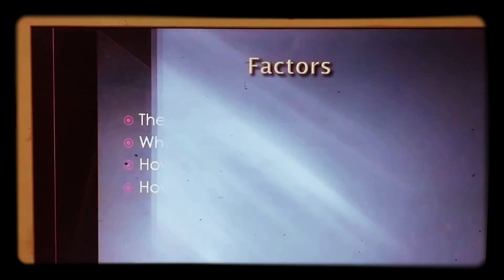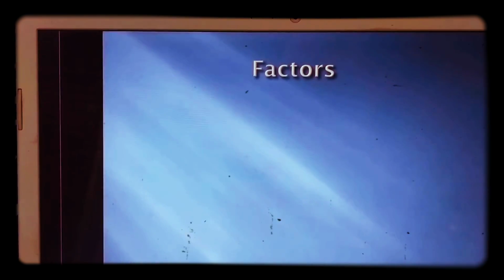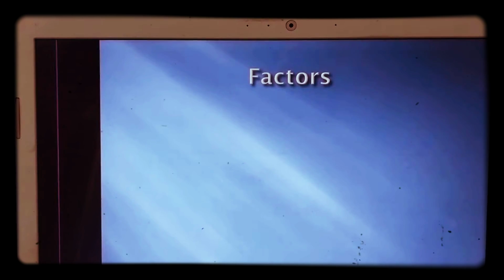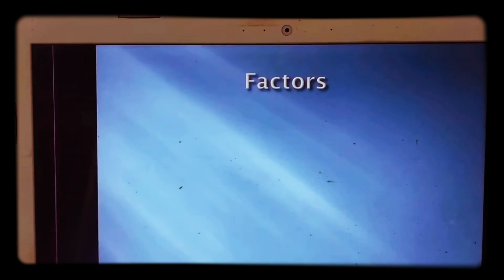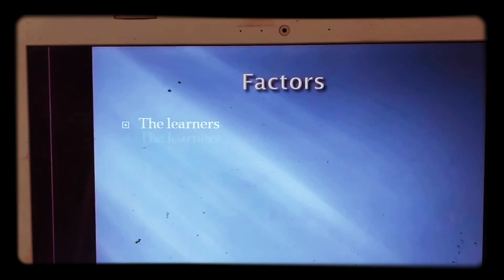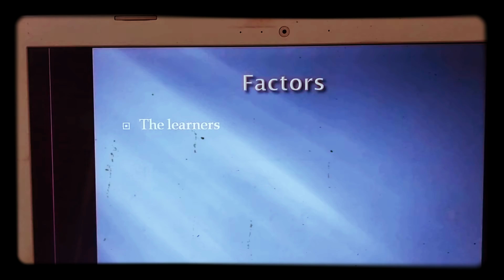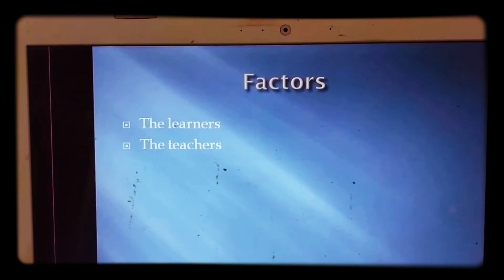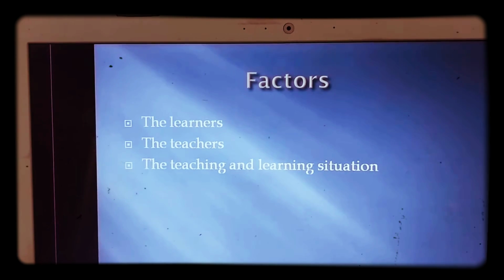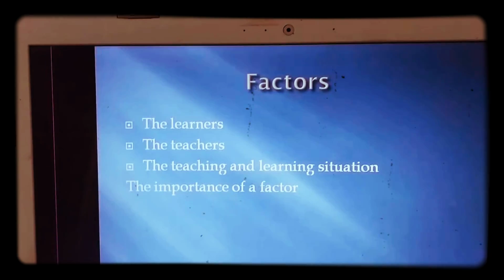Okay, next, the factors. There are many factors that could affect curriculum design as a part of the procedure of environment analysis: the learners, the teachers, the teaching and learning situation.